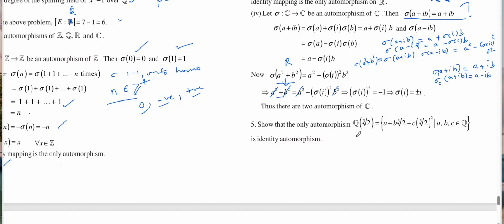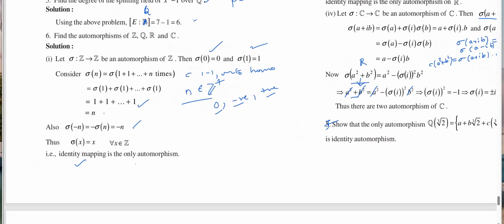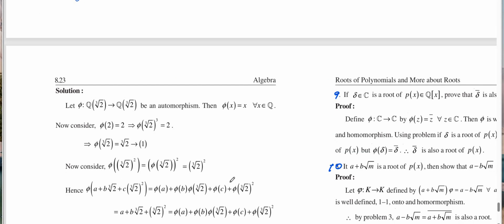Now, having proved for Q that identity is the only automorphism, for this structure, do we have that to be anything else? That is what is to be determined here. Show that the only automorphism is just the identity automorphism.